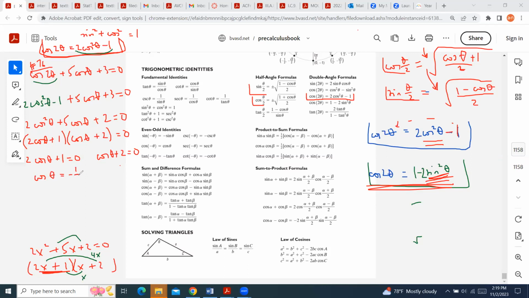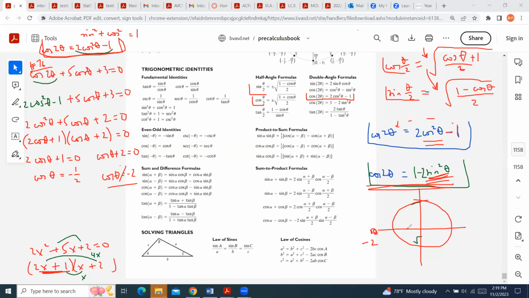I bring 1 over and then you divide. Or the other equation, that makes no sense, because cosine theta is never equal to negative 2, right? Because cosine is in between negative 1 and 1, so negative 2 is not permitted. Negative 2 is here, so there's no answer, and that makes life easier.